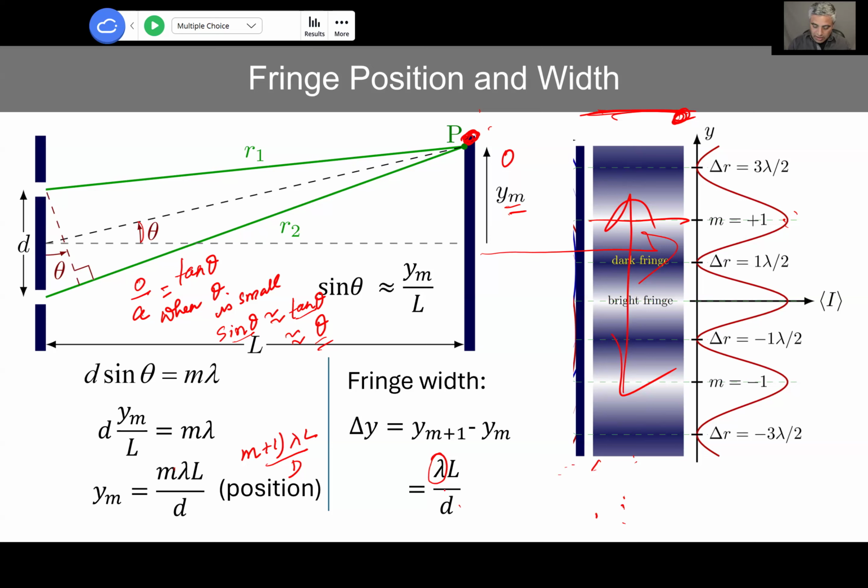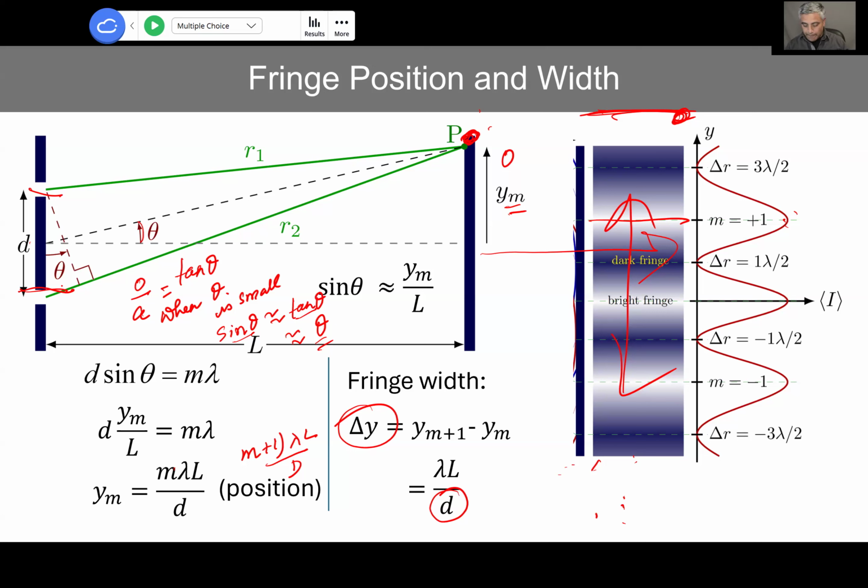Let's see. If the value of D becomes larger, then the fringe width becomes smaller. Separation distance and fringe width kind of becomes smaller. That's what it is saying. It's inversely related to D.